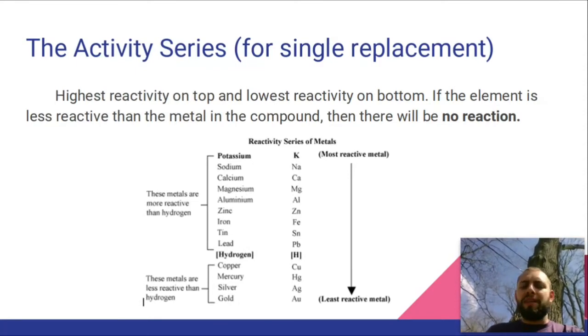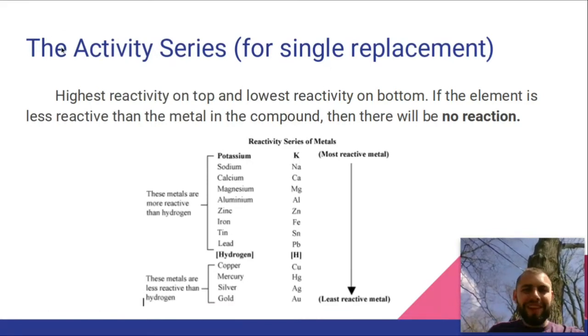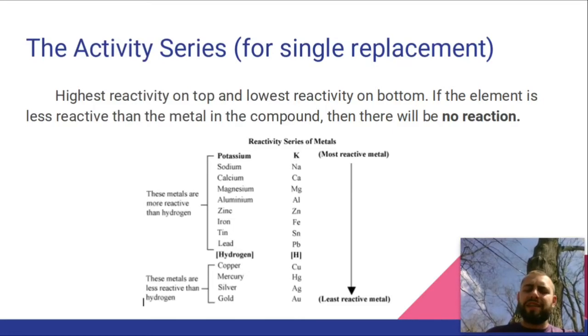But what does it even mean? Let's talk about what we're actually looking at here. We can't use it if we don't know what it is. So the activity series. This is listing mostly metallic elements in series of their reactivity. How reactive are they? Remember that when I'm talking about reactivity, I'm talking about the willingness to react.